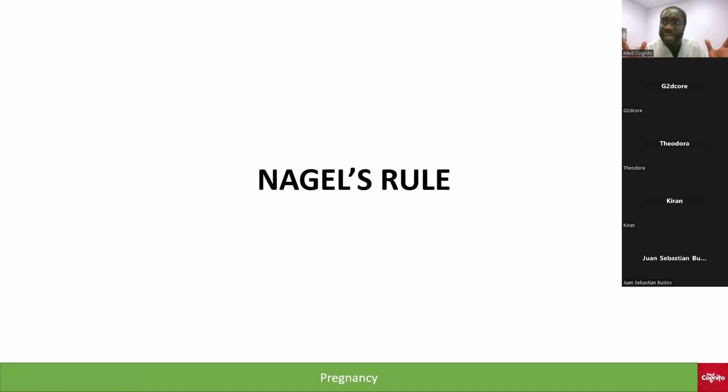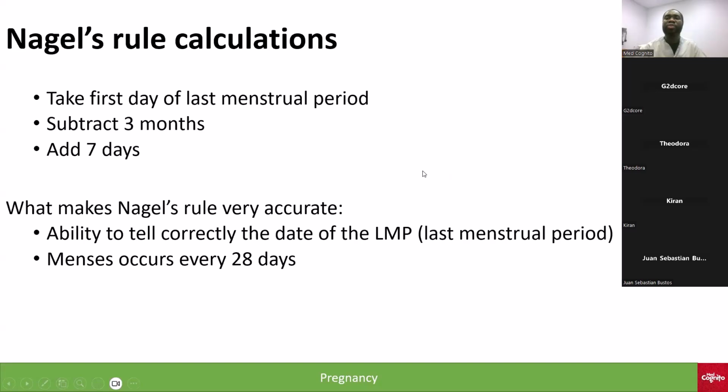Why are we learning about Nägele's rule? Nägele's rule, like the McDonald's method and like the quickening method, is one of the three ways that we use to learn how and when a baby is likely to be born, the expected date of delivery. The Nägele's rule is based on a calculation.